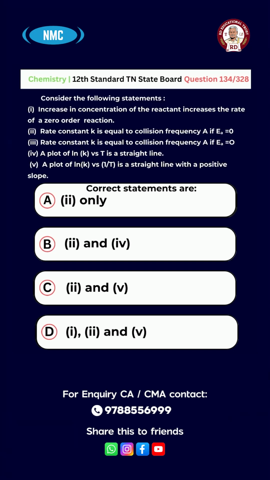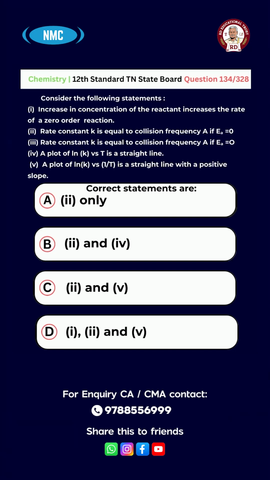A plot of log of K versus T is a straight line. 5. A plot of log of K versus 1 by T is a straight line with a positive slope. Correct statements are option A, 2 only, option B, 2 and 4, option C, 2 and 5, option D, 1, 2 and 5.